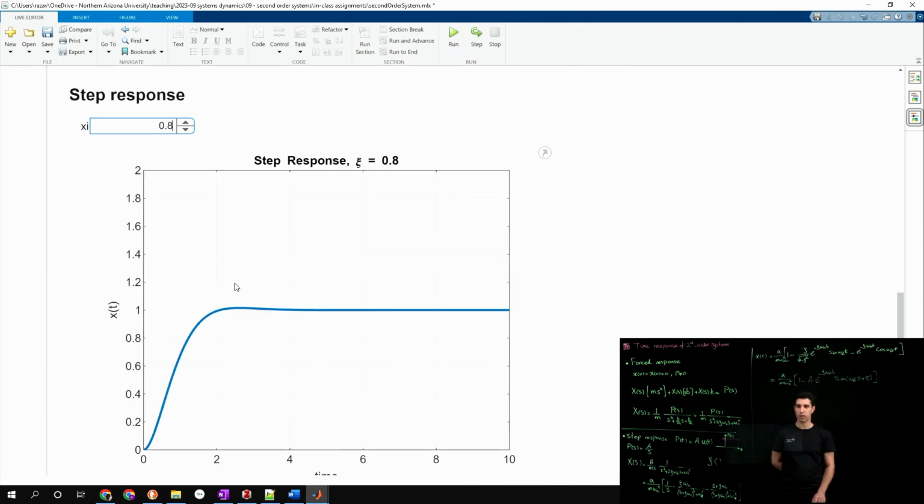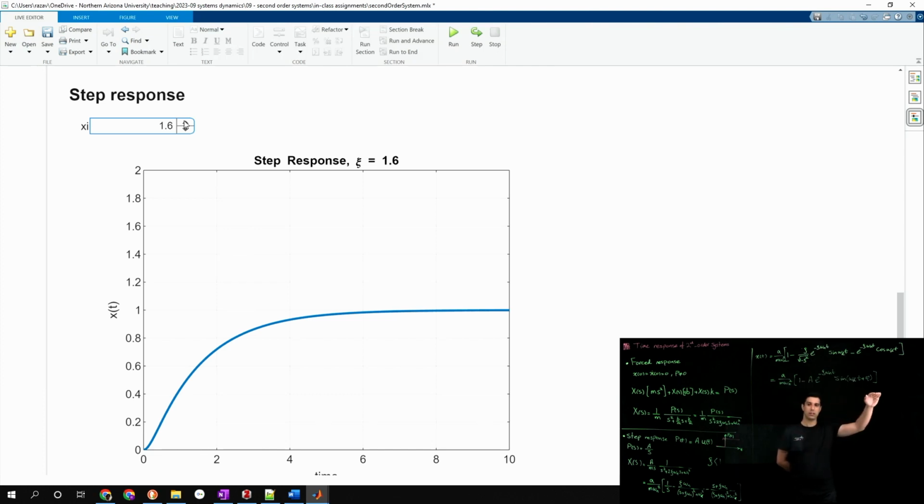The overshoot becomes smaller, so the system reaches more slowly and doesn't have as much inertia to overshoot, until the critical damping, where it shows no oscillation, and after that it's just an exponential asymptotic increase until it reaches the set point.